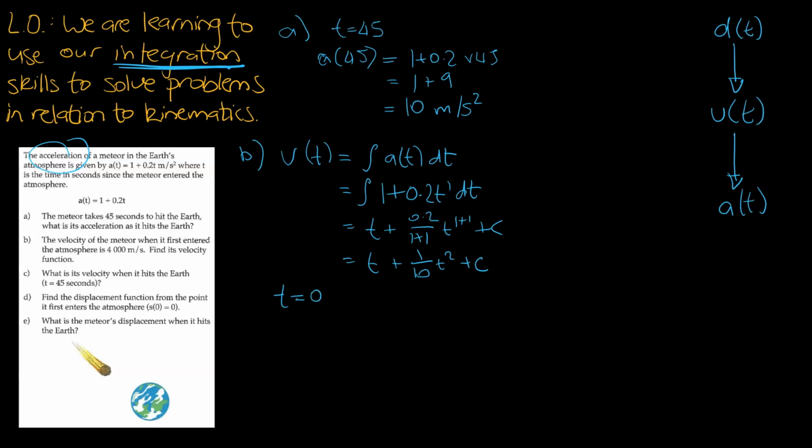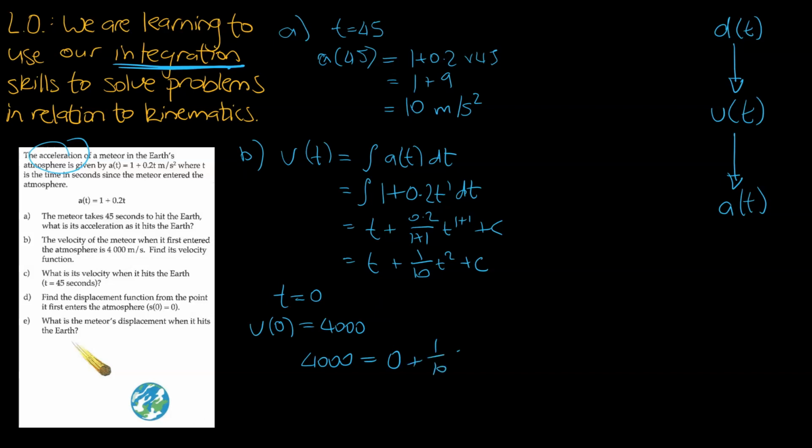is when t is equal to 0, when it initially enters the atmosphere, the velocity, so the velocity at 0, is going to be equal to 4,000. And we can use that information to finish our equation. So we know 4,000 is going to be equal to 0. Noticing I'm getting rid of t and substituting in 0.